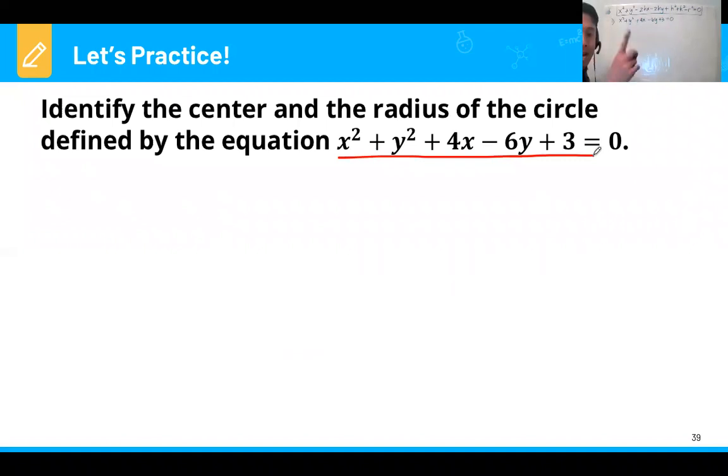So, what we will find is the center (h, k) and our radius. These are the missing.